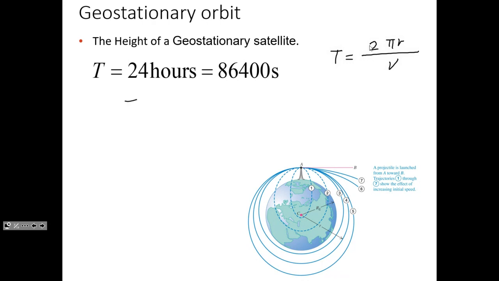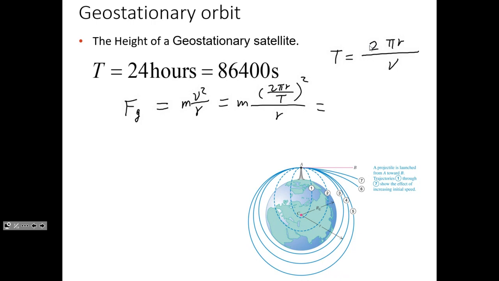So we still should have gravitational force equals centripetal force. And now I can replace my v by 2 pi r over T, squared, over r. So it becomes an equation of T and r.